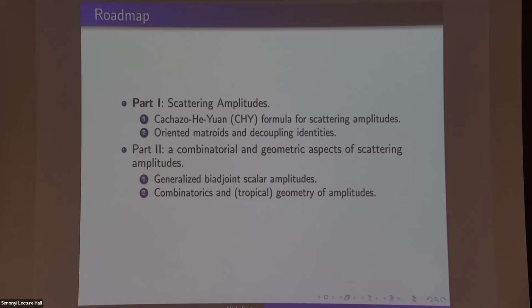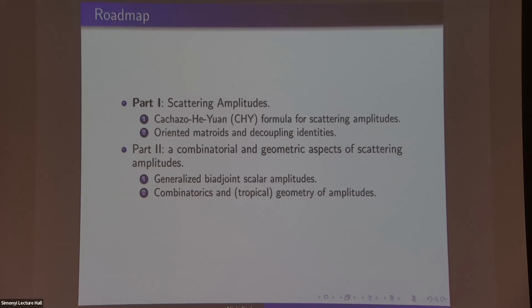And this formula is very closely related to the moduli space M0n. And then in part 1, we'll use techniques from oriented matroids to discuss certain identities among amplitudes and identities among rational functions, which you find here.